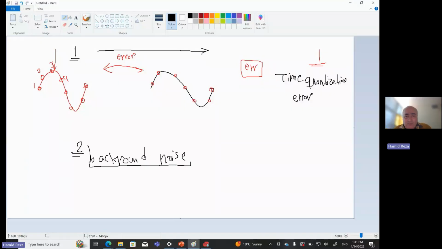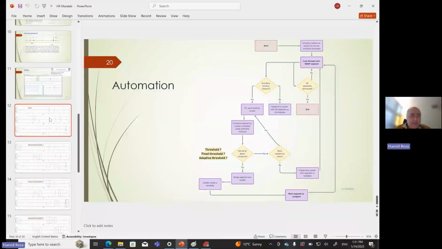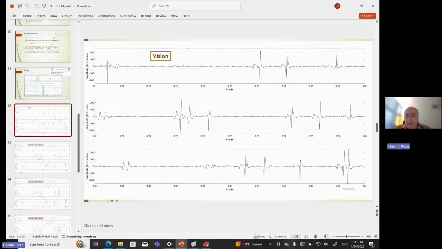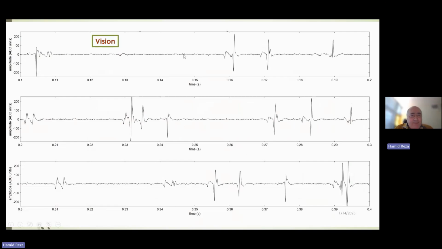Okay, so when you have a signal with different background noise, you would say that it might affect what you are doing. For example, if this is the background noise, it would affect it because it is summed up to this part too. So it's like a noise everywhere. This is what will affect your alignment and your template matching procedure.